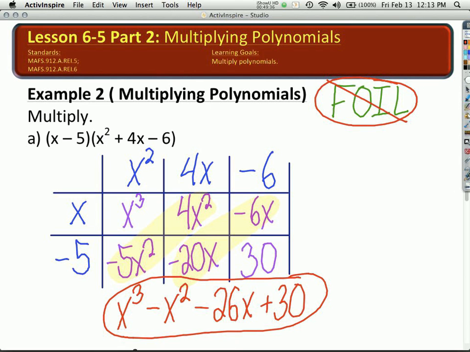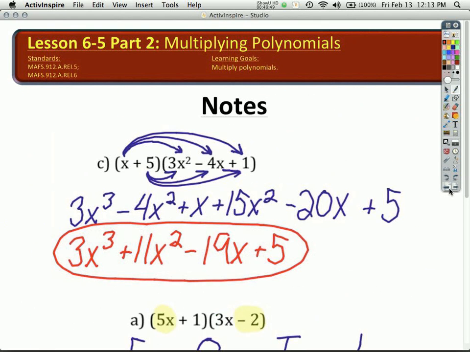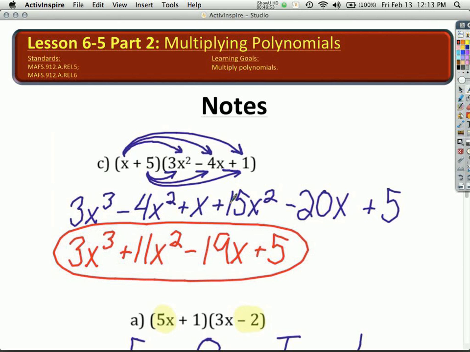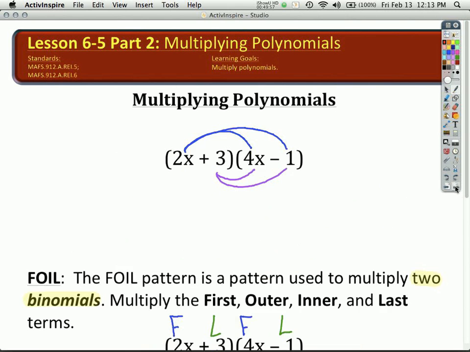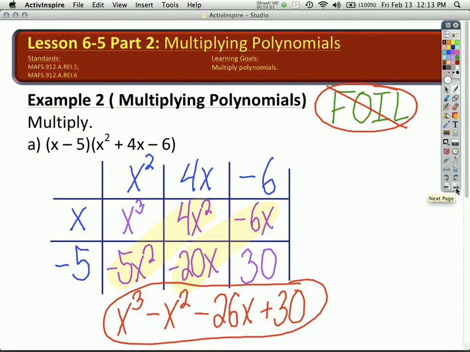Any comments or questions about that? Nope. I've shown you 3 different ways to do it. One way was just writing them all in a line like I did here, and then you combine like terms. Negative 4x squared, 15x squared gets you 11x squared, and so on. I did the stacking method where I lined up the like terms, or use the table method.